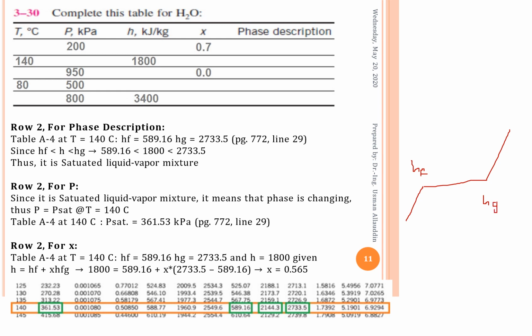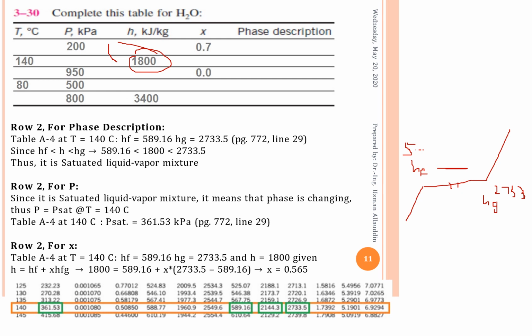They have given us the value of h, which is 1800, while hf is 500 something, while the end value, which is at g, is 2733. Our value is 1800, so it is in between somewhere here, it can be here, it can be here.